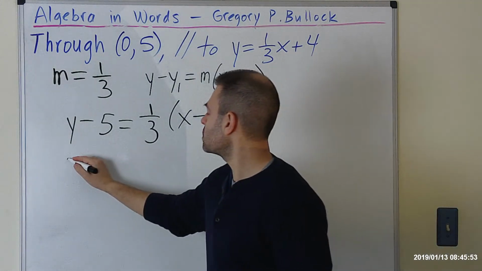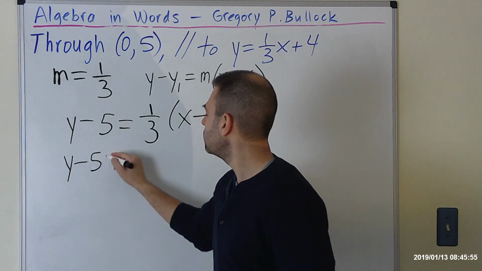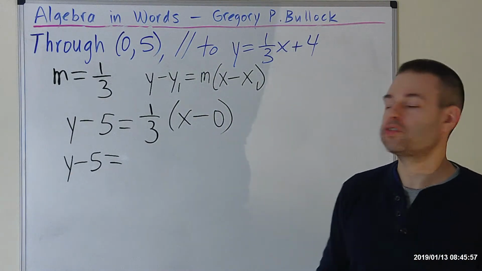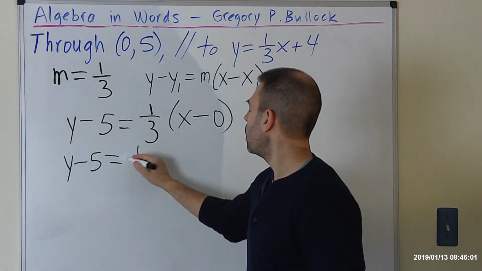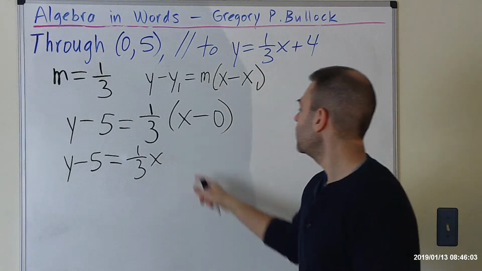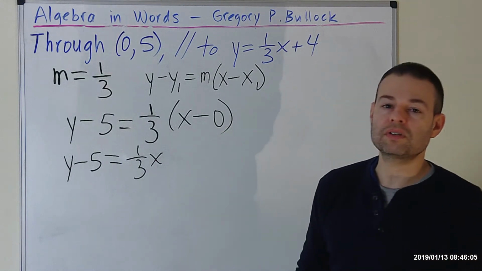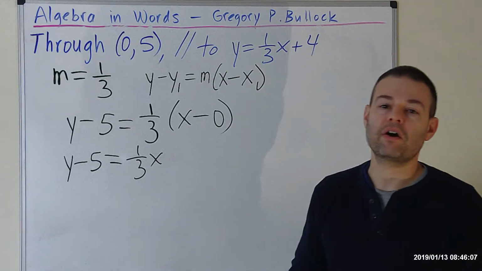On the left, we're just going to keep y minus 5 for now. Let's distribute the 1/3 through the group. We're going to get 1/3 x, and 1/3 times 0 is going to be 0, so we'll just leave that off.